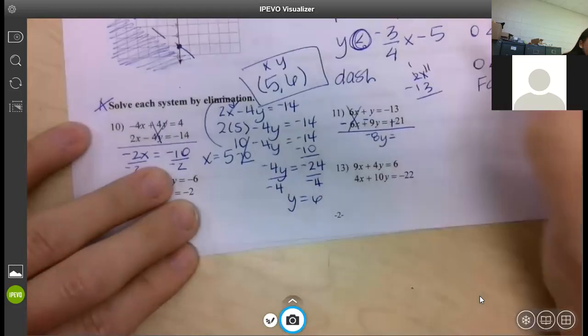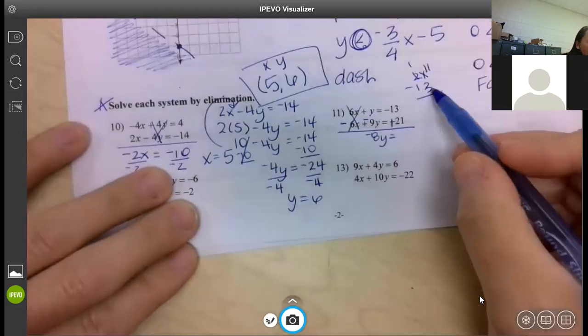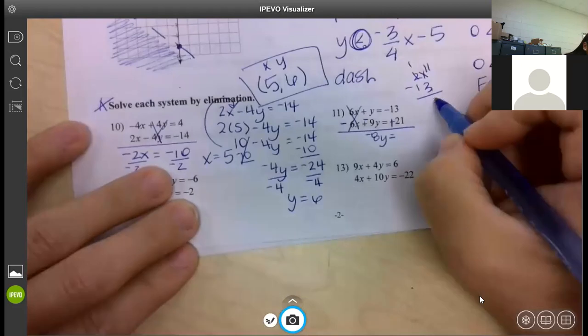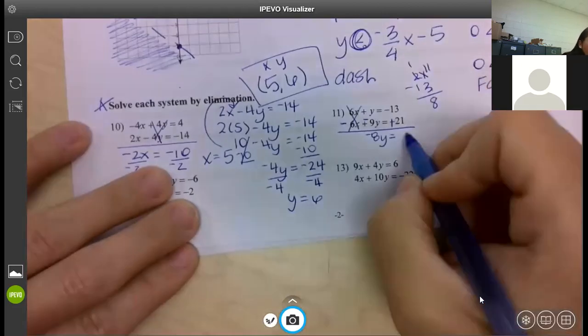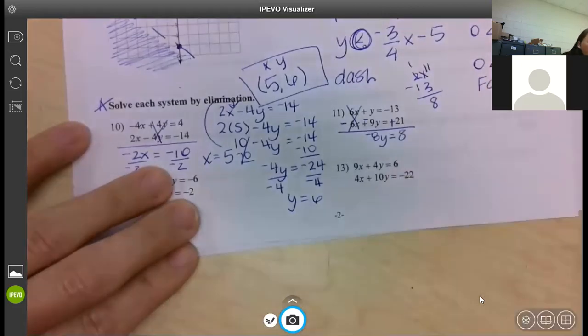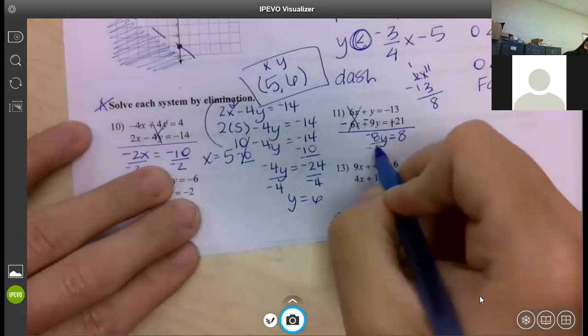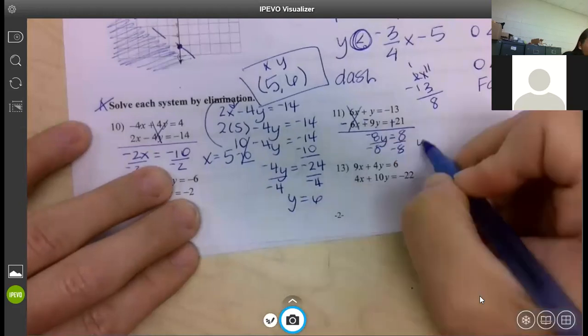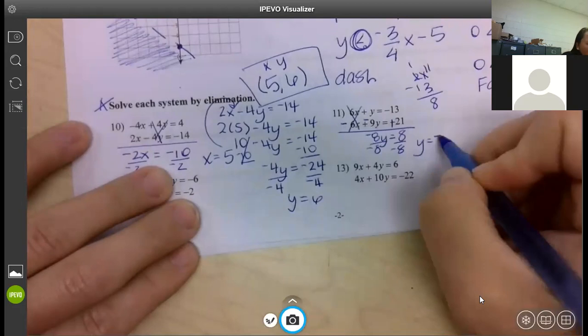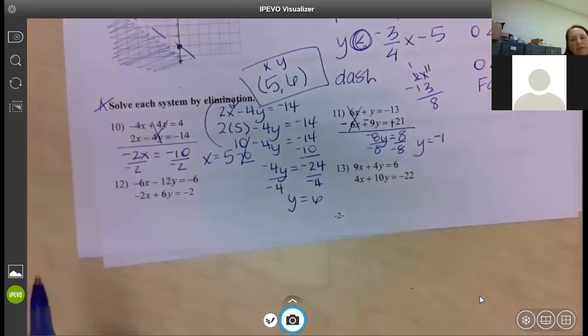I'm going to borrow. 11 minus 3 is 8. And I have 0 in front of it. Divide by -8. 8 divided by 8 is 1. Negative over positive, or positive over negative is a negative. So our y is -1.